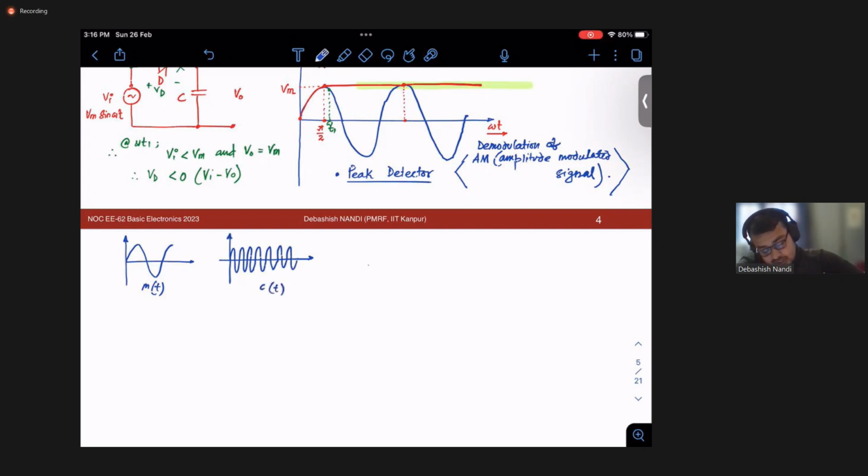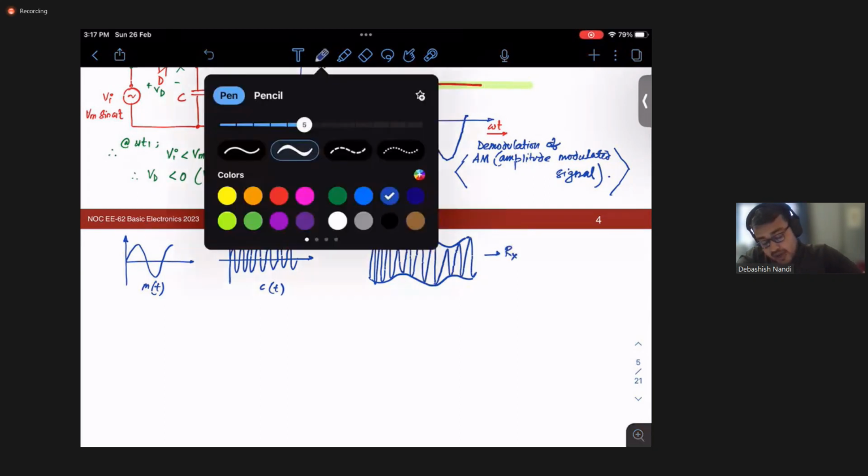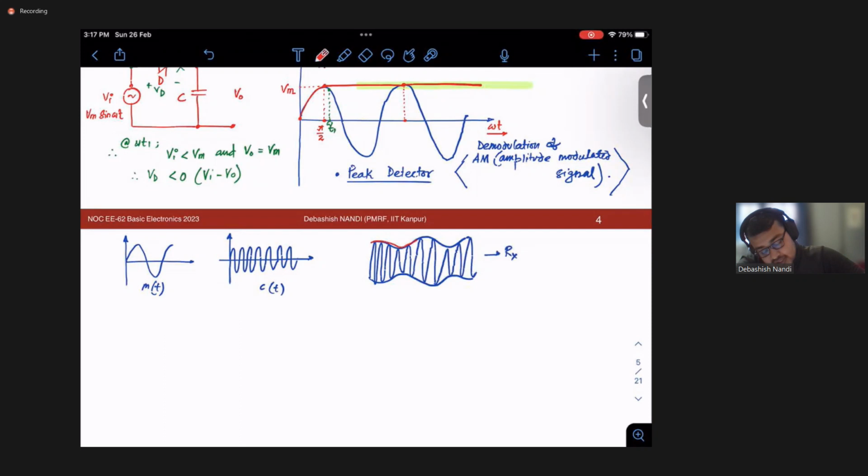So in amplitude modulation, what will your modulated signal look like? It will look something like this. This is the envelope of the signal, and the signal will be at carrier frequency, right? This is the signal your receiver will receive, but you need to find this envelope, because this is where the message information is stored.